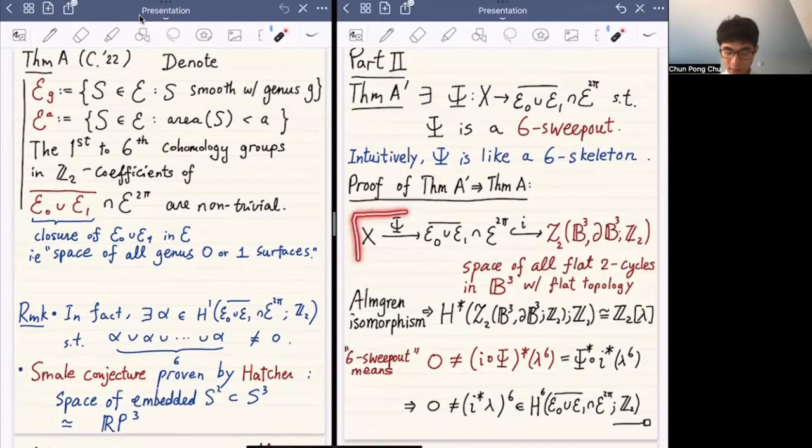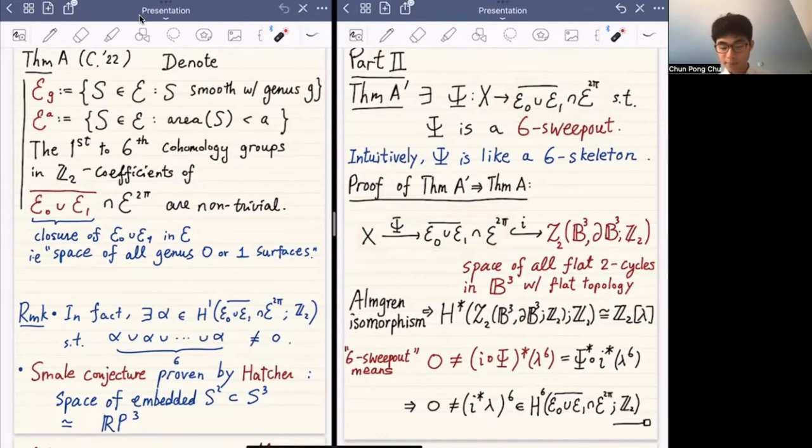So the family psi is a map from X into this space we concern, right? In fact, X will be 6-dimensional. So psi is like a 6-parameter family of surfaces in B. Because this is like the space of all surfaces in B, we have a 6-parameter family of surfaces in B. And so this is psi.